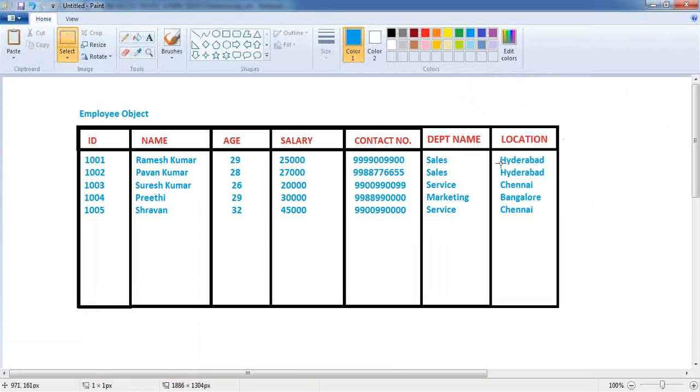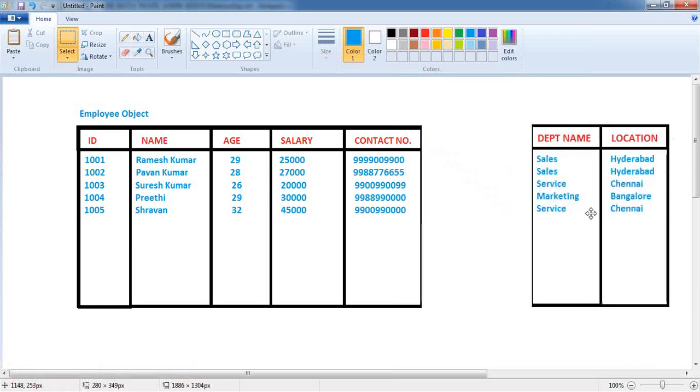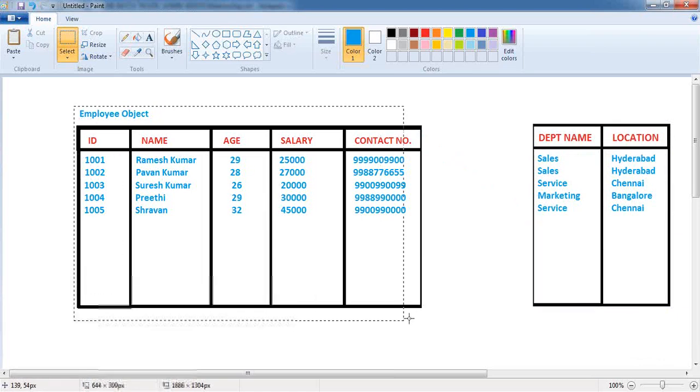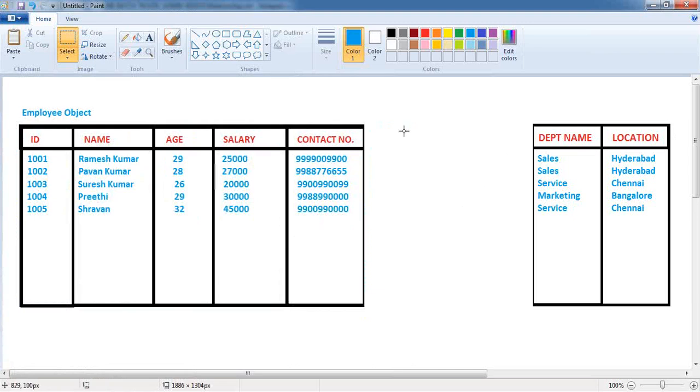So for that, I would like to split this data to a separate table over here. Now the employee table is separate, and the remaining information is separate.